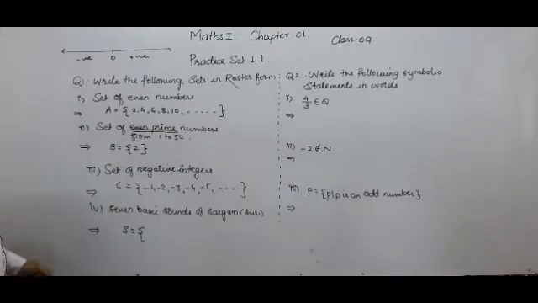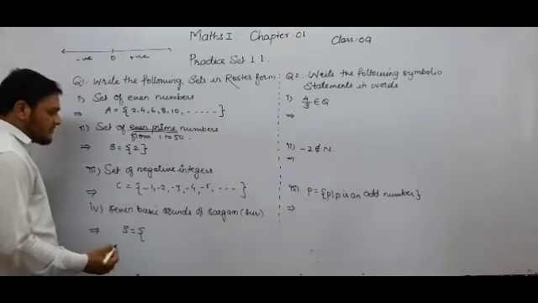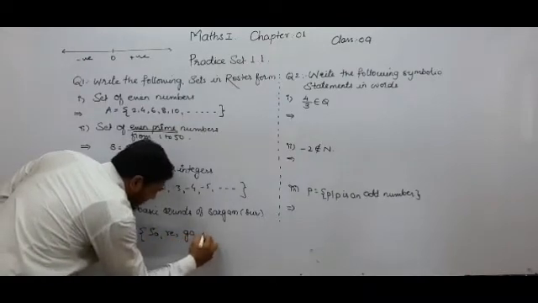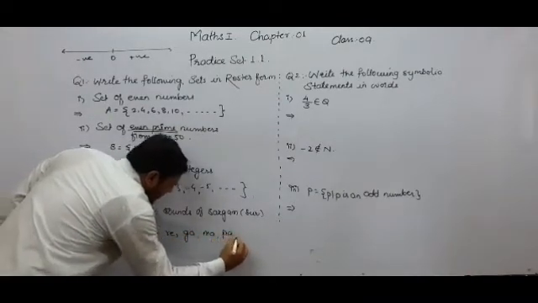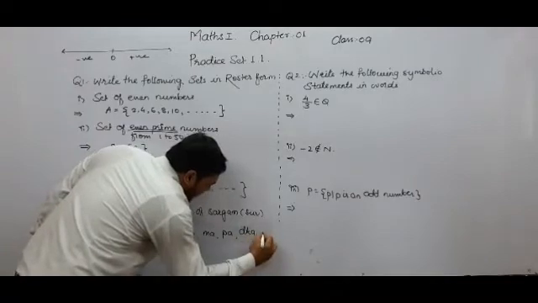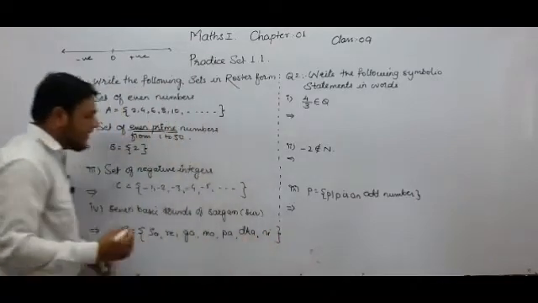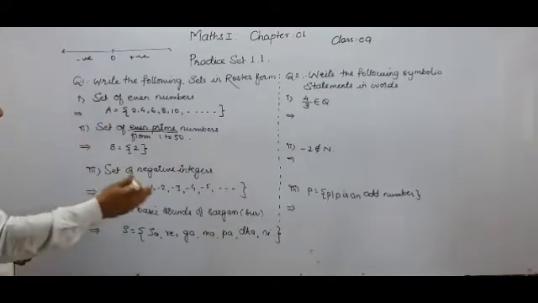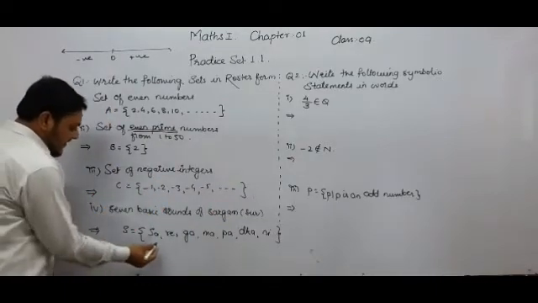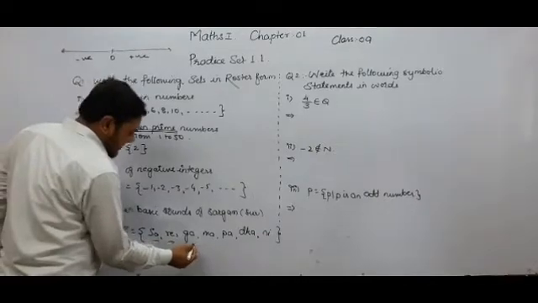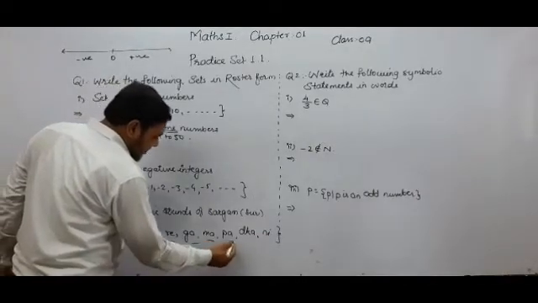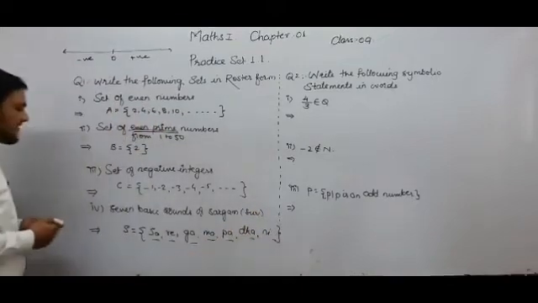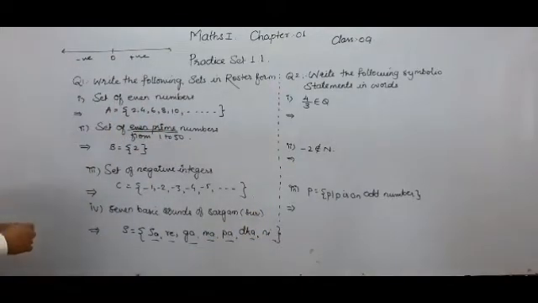The 7 basic sounds of sargam are sa, re, ga, ma, pa, dha, ni. Again after ni it is sa. So these are 7: 1, 2, 3, 4, 5, 6, 7. These are the 7 basic sounds of sargam.